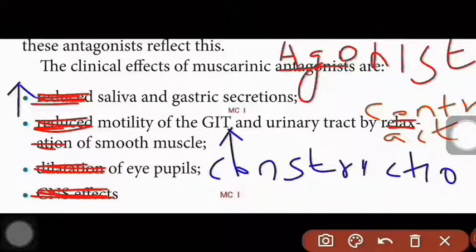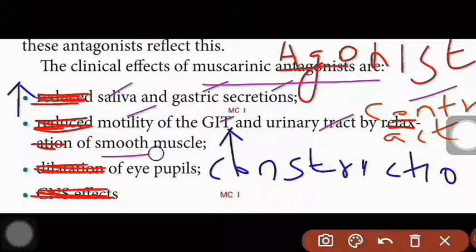Now, the effects of acetylcholine and its uses, or where it is involved. This is called acetylcholine muscarinic agonist action. It increases saliva, increases gastric secretion, increases the motility of the GIT and urinary tract by contraction of smooth muscle, and increases the constriction of the pupil.